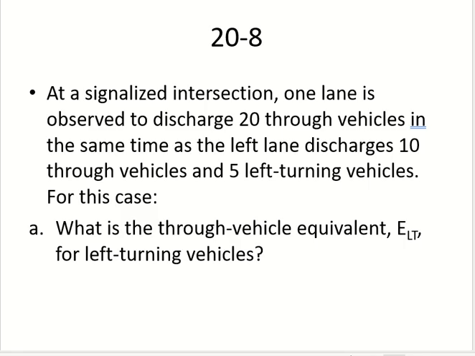So both lanes were open for X number of seconds, the same time for both lanes. In those seconds, the through lane passed 20 vehicles. From the other lane, in the same time, they passed 10 through and 5 left turning.